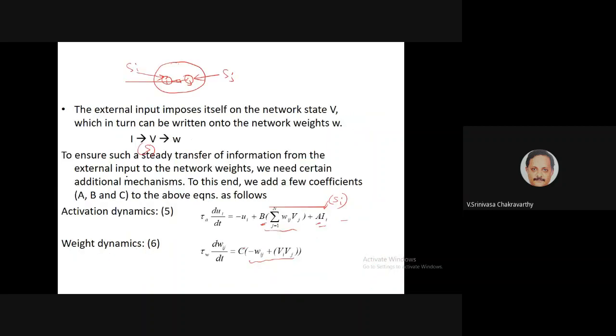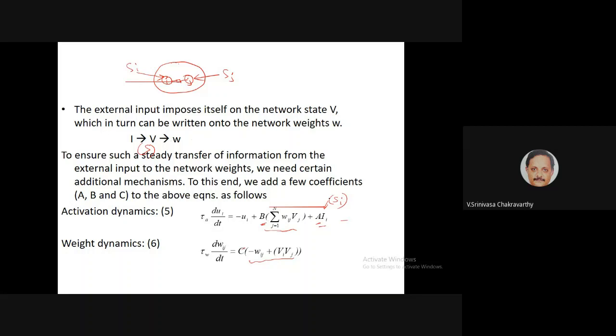So what we need is external input I should control V, and V's then will control W's and store information. I'll present the pattern I want to store, S, in the form of external input I, which in turn will adjust V. So how do we do that?